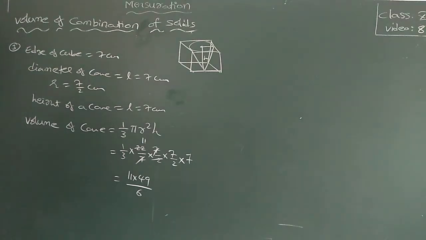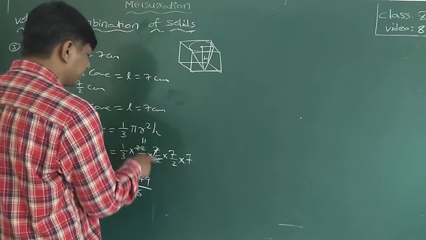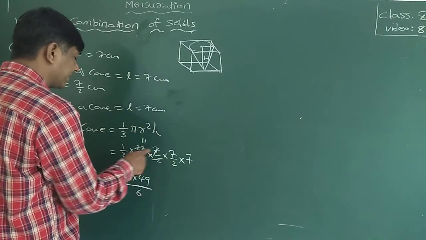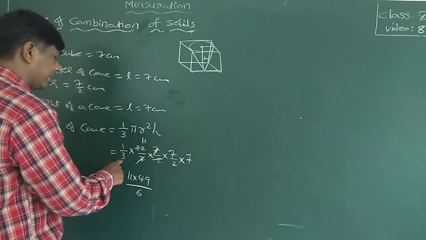1 by 3 pi r square h, no? So multiply it. 1 by 3 into 22 by 7 into 7 by 2 into 7 by 2 into 7. 7, 7 cancel, 2 ones are 11, 11 into 7 into 7, 7 sevens are 49 by 3 twos are 6.